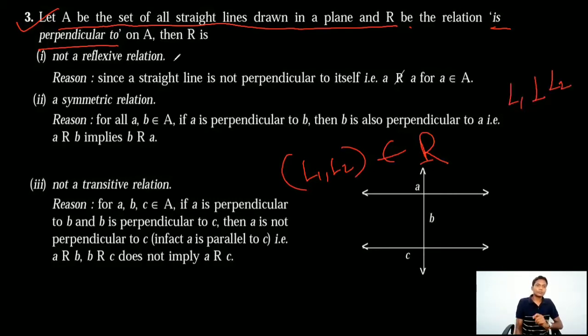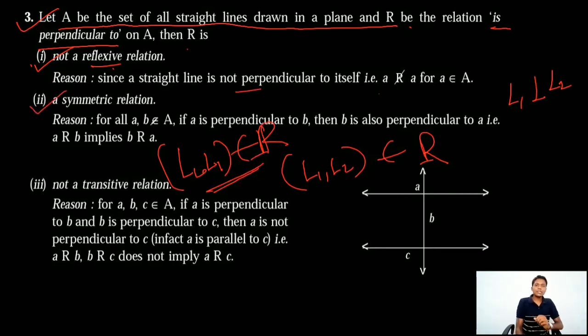So we can show R is not reflexive. Why is R not reflexive? Because any line is not perpendicular to itself. So L1, L1 does not belong to relation R. So R is not reflexive.